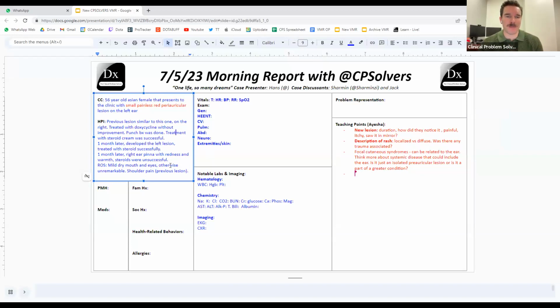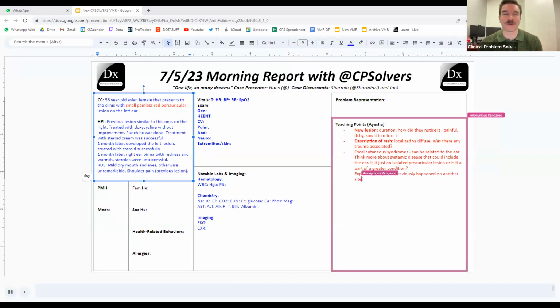In terms of the space component, this process that we're seeing on the left ear also previously happened on the right ear, and it was steroid responsive in some capacity. I find that many things on the skin can be steroid responsive, so that is not necessarily the most useful diagnostic tool. But the fact that this is something that has extended in time, I think, is helpful here.